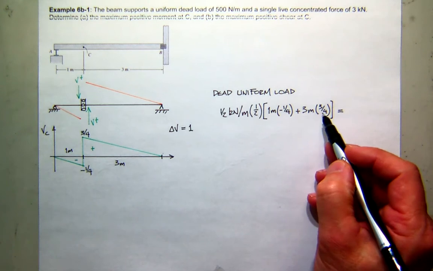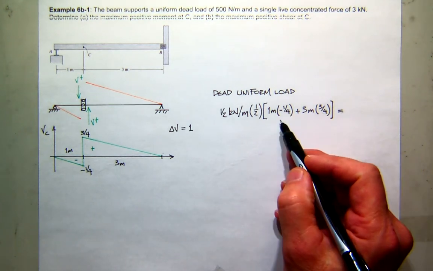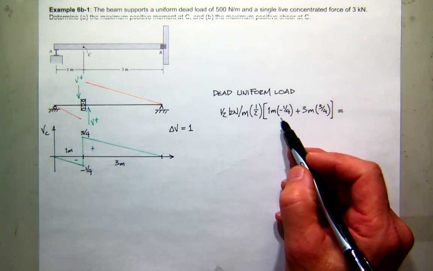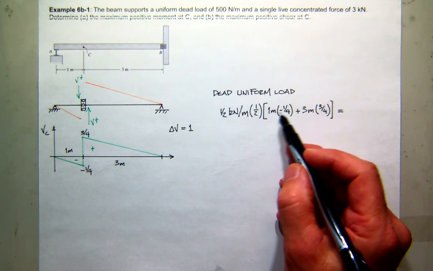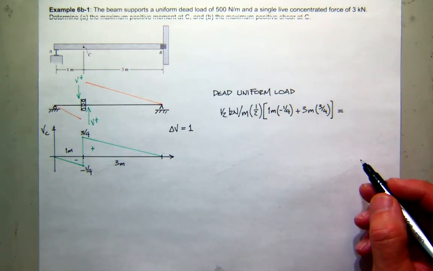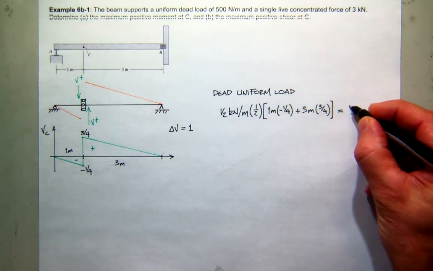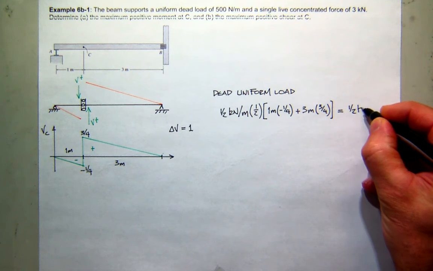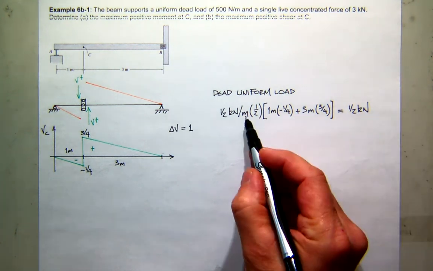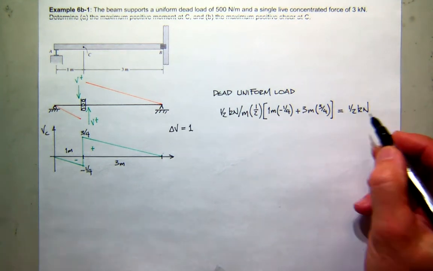So that's 9/4 minus 1/4 is 8/4. 8/4 is 2, right? The 2's cancel. It looks like you just get 1/2. And this meter is canceled by that meter, so you just get 1/2 a kilonewton.